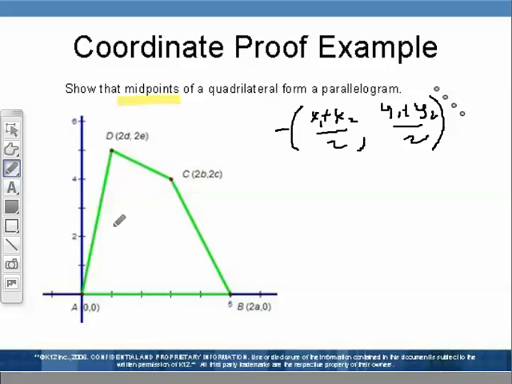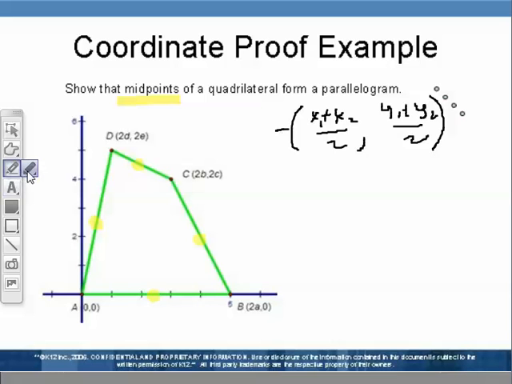What am I going to do? I'm going to find the midpoint on each one of the four sides of this figure. And once I find each one of those midpoints, I will have something that I can work with. Okay? What do I do with those points once I have found them?